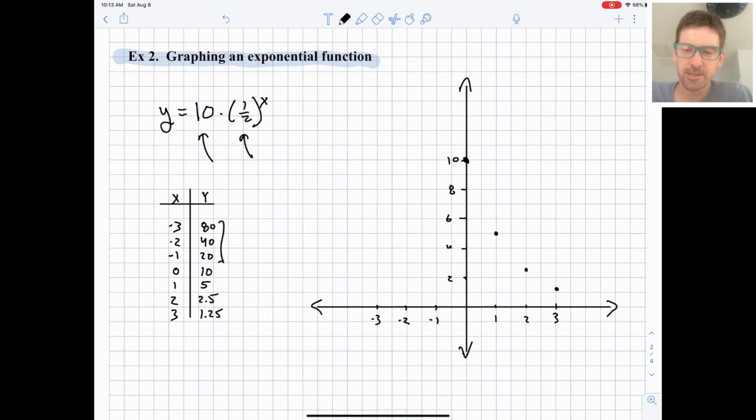So the thing about these guys is, as this decays away, as we get larger in the x dimension, y will never reach 0. Y will get incredibly close to 0. And even if x goes up to 100 or 1,000, y will become a tiny, tiny number, but y will never actually hit 0. And there's a special name for this.